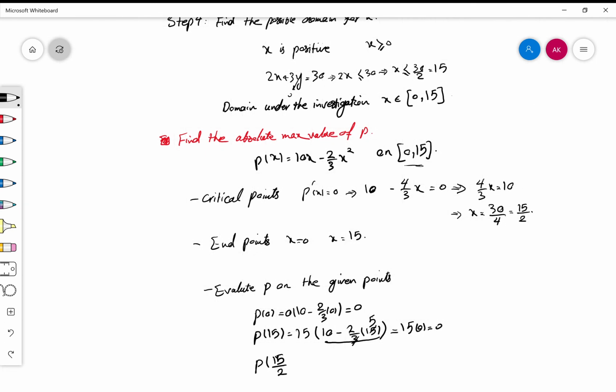How about p at 15 over 2, a critical point? This is 15 over 2 times 10 minus 2/3 of 15 over 2. This cancels with that, and we get 5 there. So this is 15 over 2 times 10 minus 5, that is 15 over 2 times 5, and that's nothing but 75 over 2.